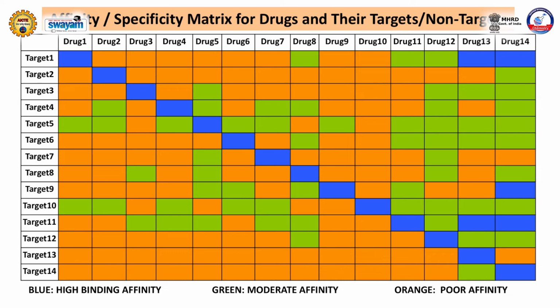So, what I am showing is a blue square there, meaning it is binding with high affinity. Now, what does drug 2 do? Well, drug 2 is supposed to bind to target 2. Similarly, drug 14, the last one, binds to target 14. Now, if you see these blue colors at wrong places, for example, drug 14 is showing a blue color not only for target 14, it is showing for target 11, target 9, meaning that it's doing off-target binding.